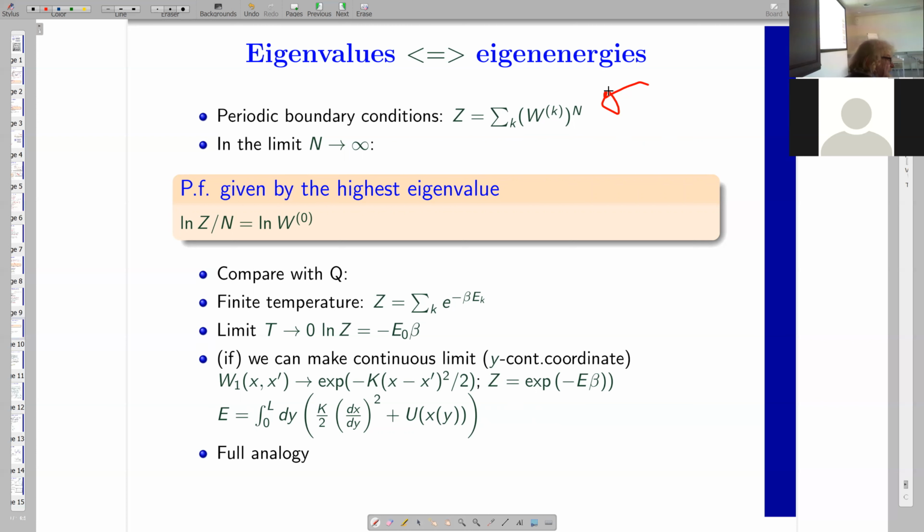Since these eigenvalues are all different, the partition function will be dominated by the largest, highest eigenvalue. We neglect all other terms, and that's what we obtain. In other words, the free energy, log of the partition function per site, is just kBT times the log of this highest eigenvalue.